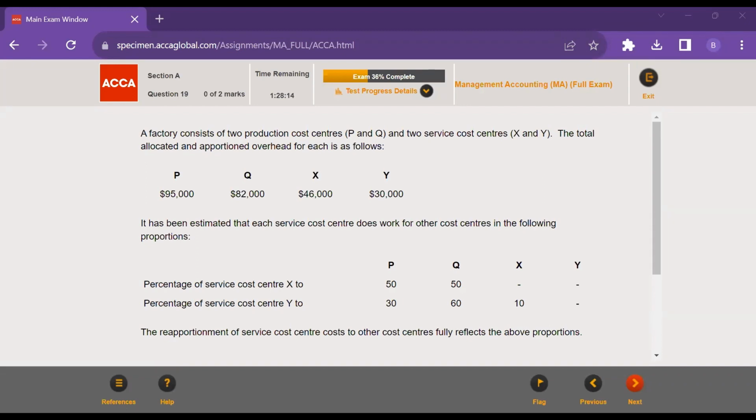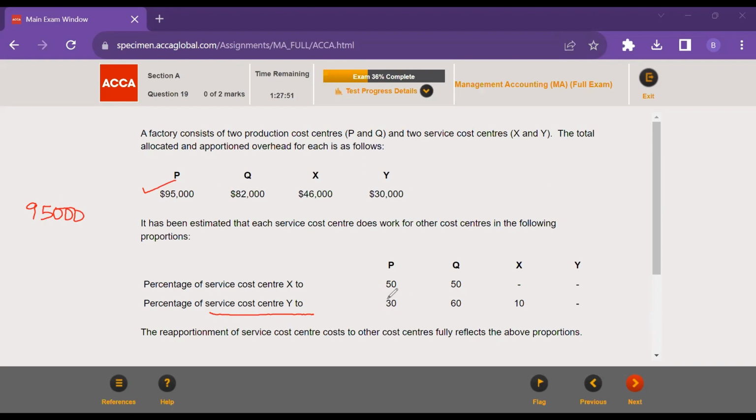So first of all, we can see that to P already 95,000 is allocated and apportioned. So 95,000 will be taken as it is. Then we have a look at this. For the percentage of service cost to P, they are doing 30% over here.